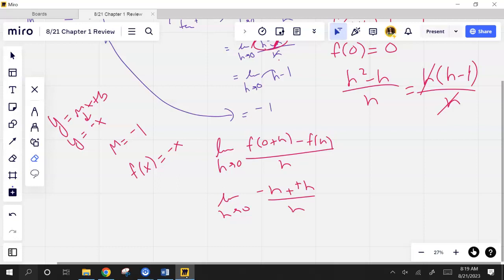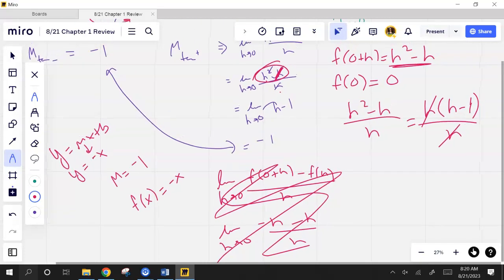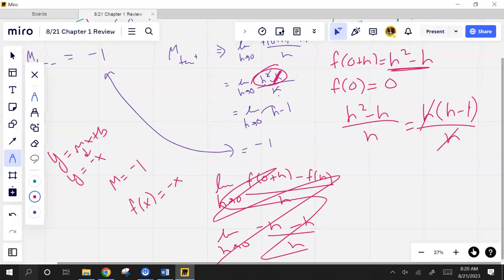Yes. I got my signs mixed up here. This would be minus h, right? So, oh my gosh. Oh, you're right. You're right. Thank you. So it was negative h minus 0 over h, which is negative 1. I knew it would work.